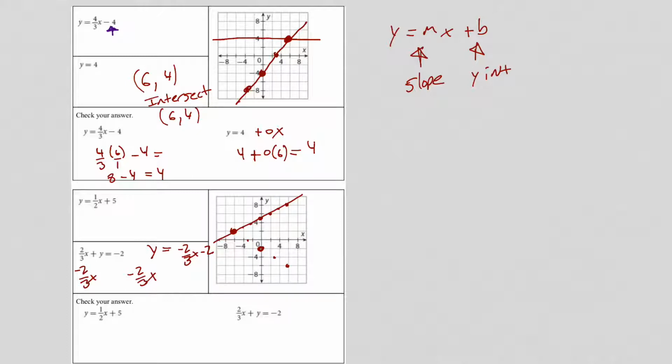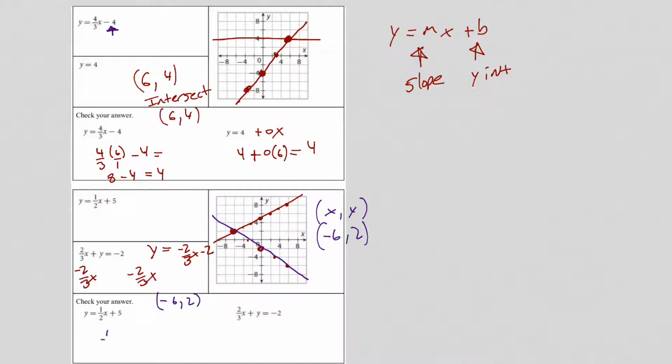That's going to be this line right here. And they wind up intersecting at the point negative 6, 2. Right? Remember, these are x, y coordinates.